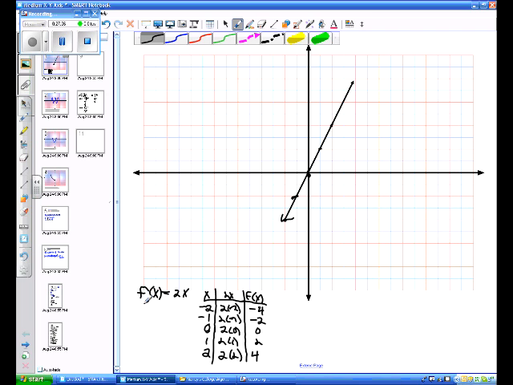Now let's compare that with another. Let's just change our function a little bit and say f of x is equal to 2x minus 3.